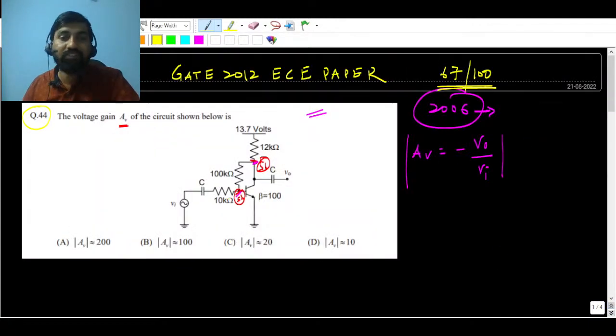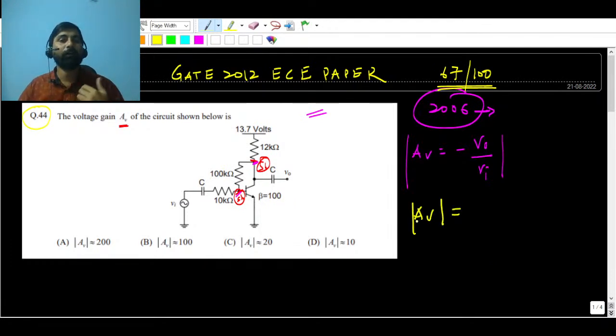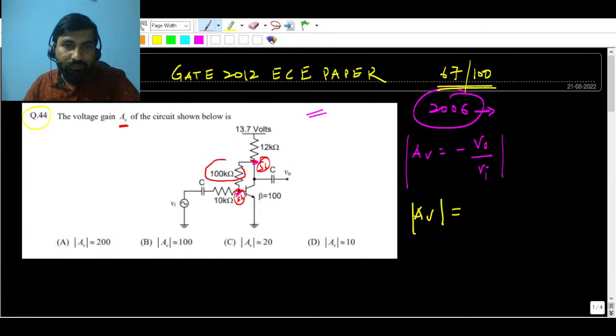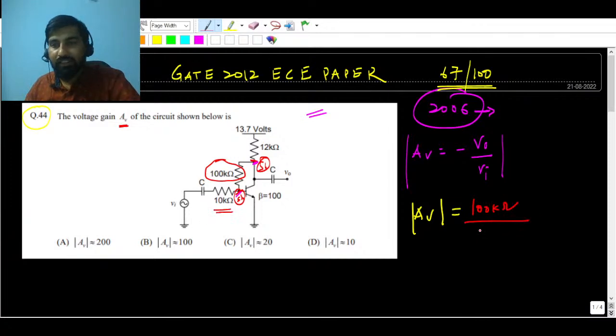What will the overall gain be for this transistor? I'm just talking about the magnitude. Here you can take 100 kilo ohm as R2 upon this 10k, so it will be approximately 10.